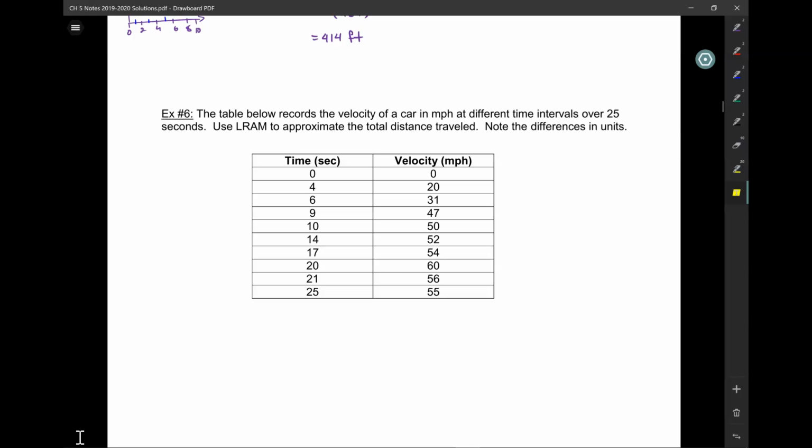It records the velocity in a car in miles per hour at different time intervals over 25 seconds. So if you look here, the first time interval, t equals 4. The second one, t equals 2. So you've got one rectangle which has a width of 4. The next one has a width of 2. The next one has a width of 3, right?